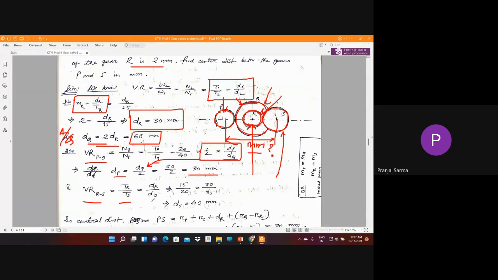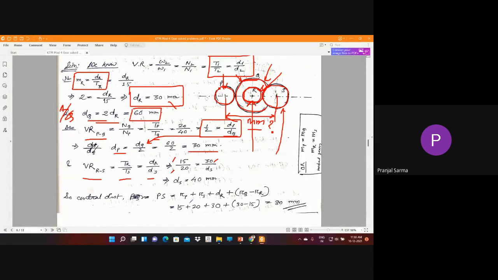The number of teeth is known, for r it is 15, for s it is 20, and dr is already known. We just found dr to be 30 mm. Putting this in, ds is unknown, which can be found as 40 millimeter.